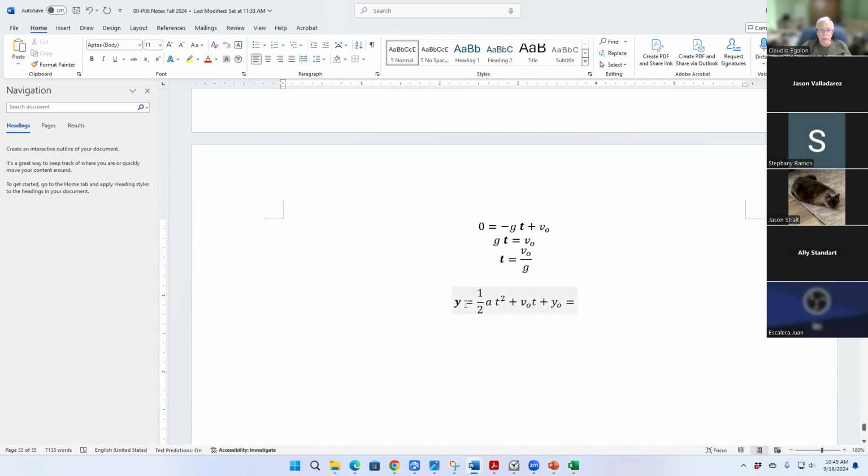Okay, here you go. Y naught in this case is going to be 0, so I can erase it. V naught is not 0, it is a positive V naught. T we can substitute right here. A is going to be minus G, right? Okay, V naught. Okay, I replaced everything.